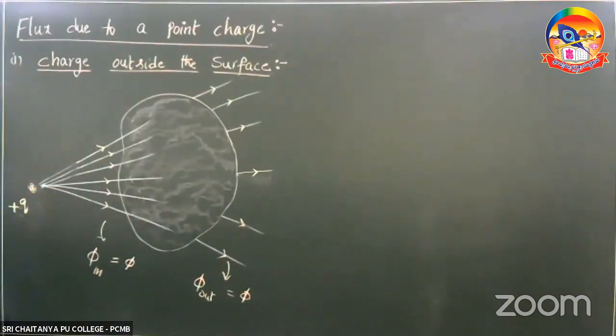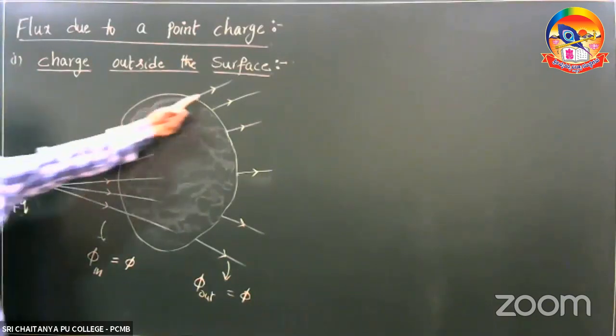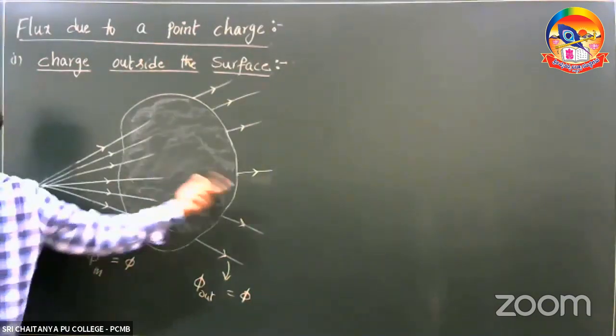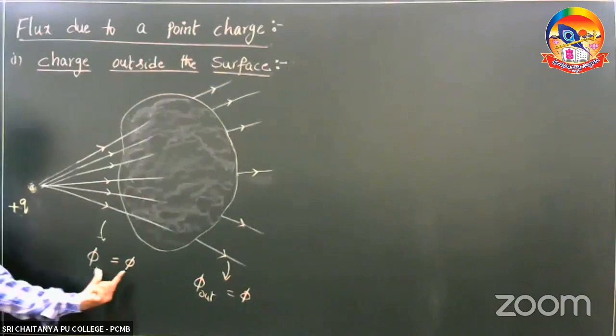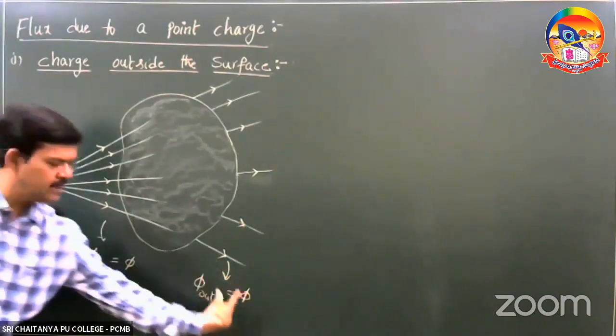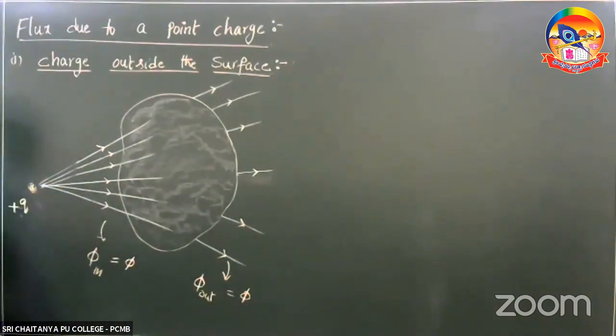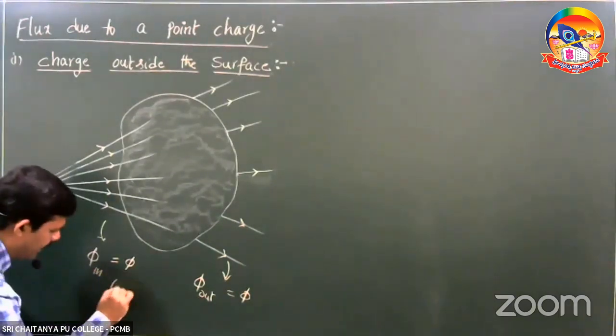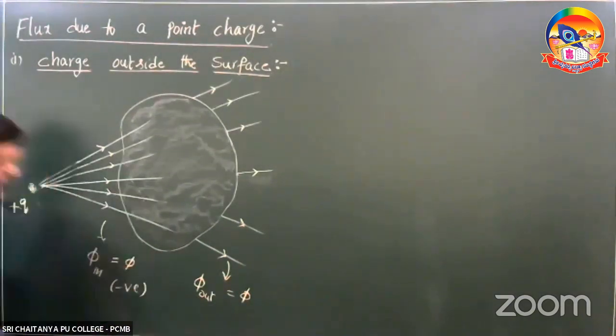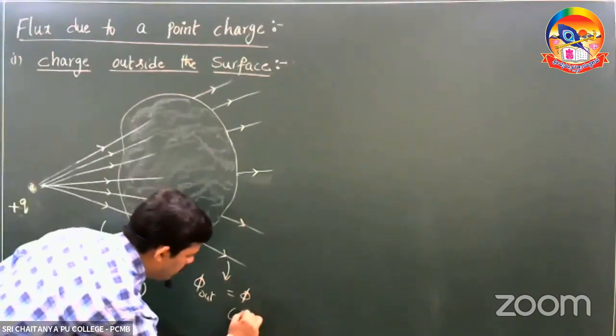How many lines are entering, that many lines are going out. So entering flux is equal to leaving flux, right? One more point: the flux in is negative, the flux out is positive.